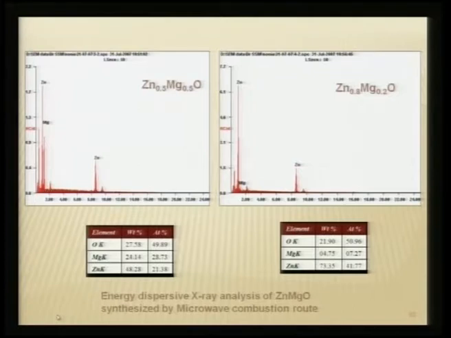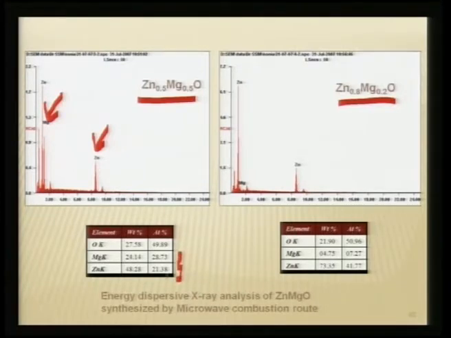We can try to evaluate if this is true, and if you take the case of the 50-50 alloy or the 80-20 magnesium zinc oxide alloy, you can clearly see that there is a good match between zinc and magnesium. The peaks are there, but if you try to quantify in a semi quantitative way, you can see the proportion of magnesium and zinc are not the same as you expect from the combustion reaction.